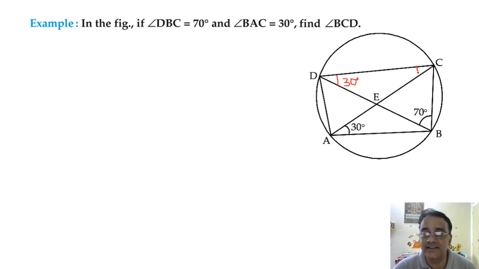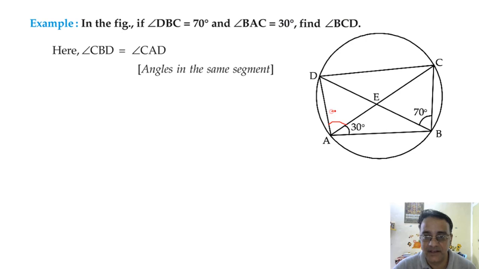Now how will you find this angle? Angle sum property of a triangle. Very good. There is another method also, look carefully. Angle CBD is equal to angle CAD, angles in the same segment.